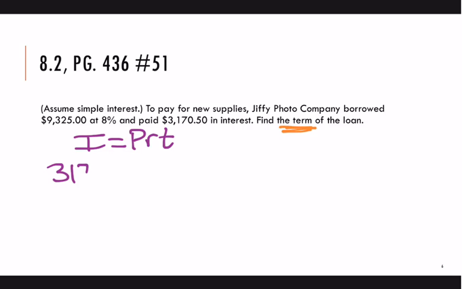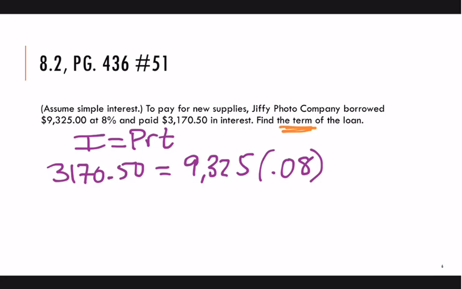The interest, we know that's $3,170.50. The principal, that's the amount they borrowed, $9,325. This time we do know the rate, 8% as a decimal, 0.08, and we're solving for time.